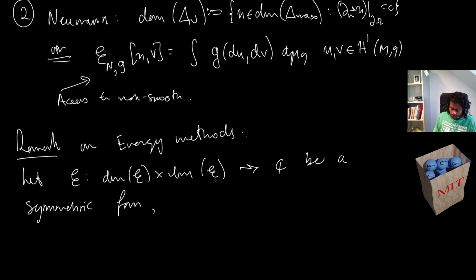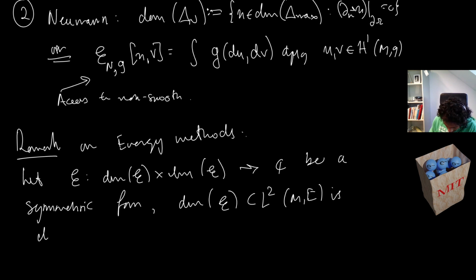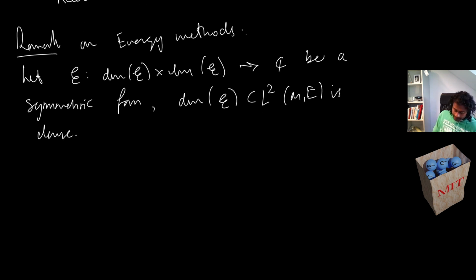I.e., I'm assuming that it's sesquilinear in the second variable, but it's symmetric when I restrict to real valued things. The dom E in L2 of M_E is dense.